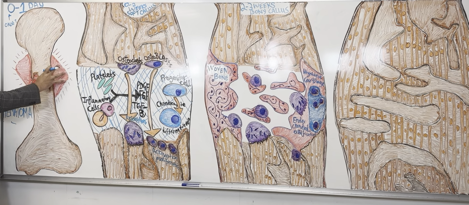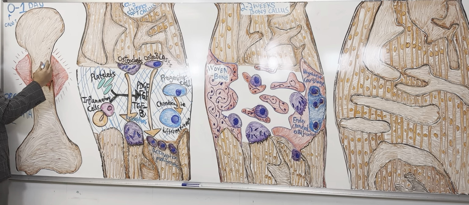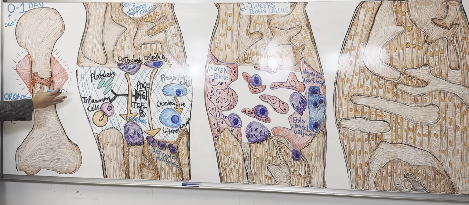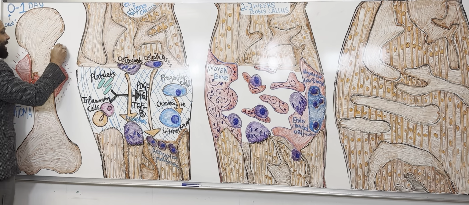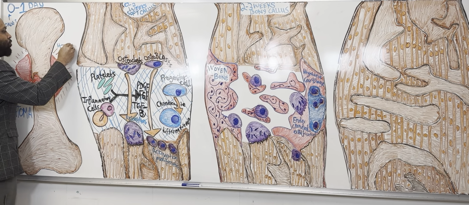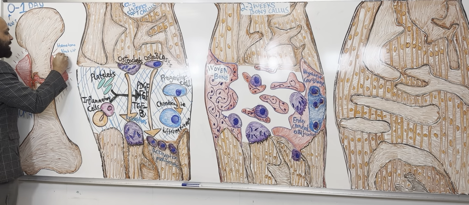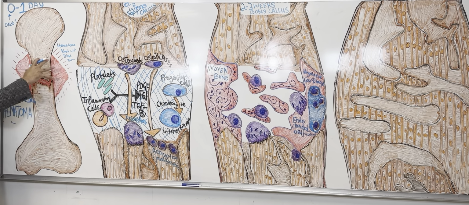You see this red blood clot. There is a blood tumor, like a blood swelling, a blood clot. This is known as a hematoma. That's a blood clot, that's a blood tumor.